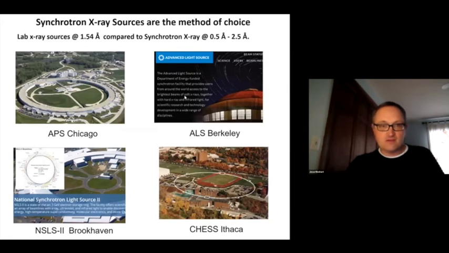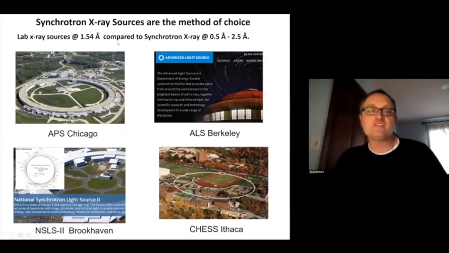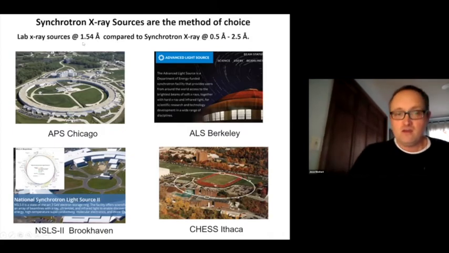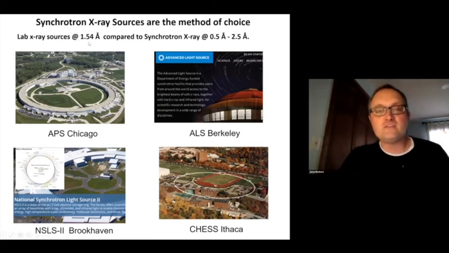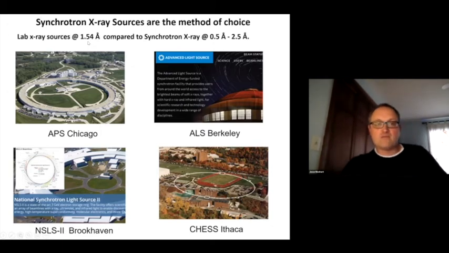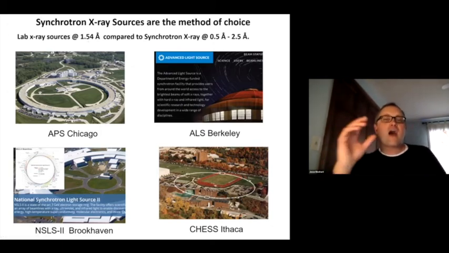So X-ray sources are important. As in the first slide, I showed you that the difference between 1.5 angstroms and 0.5 is a lot, because 1.5, let's say you can generate that in your lab. So there are sources at Yale, in the med school and on Science Hill, that you can use to generate this type of X-ray, but it's not going to be high enough quality.